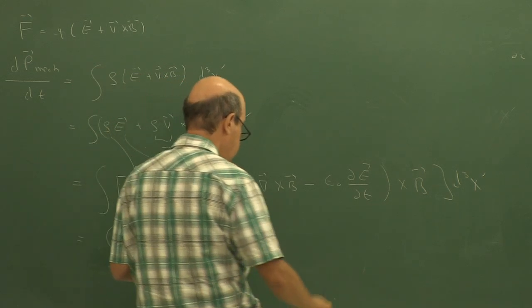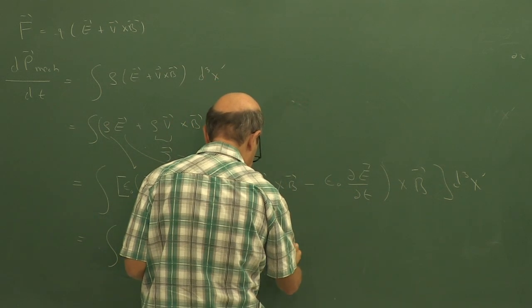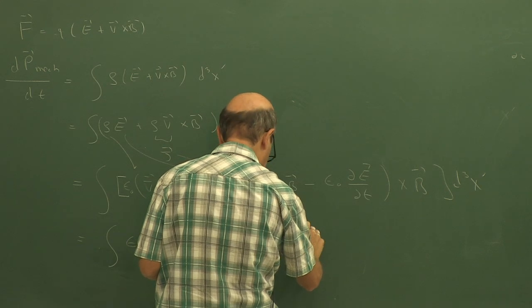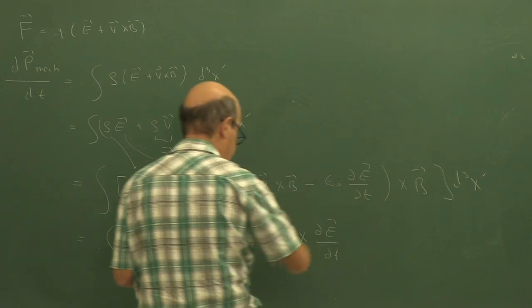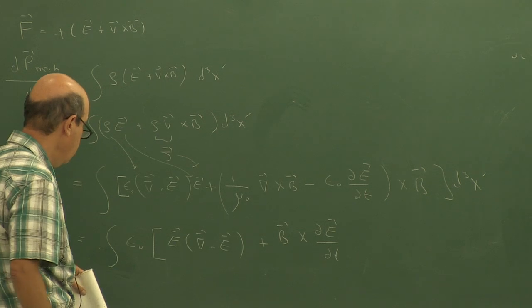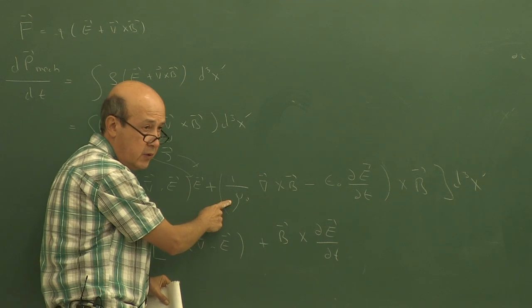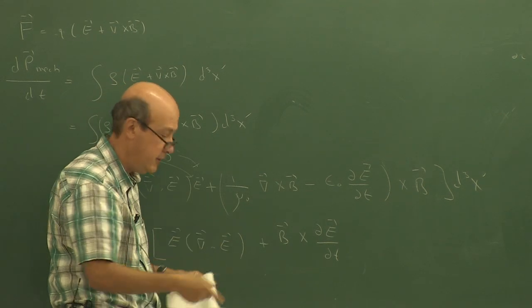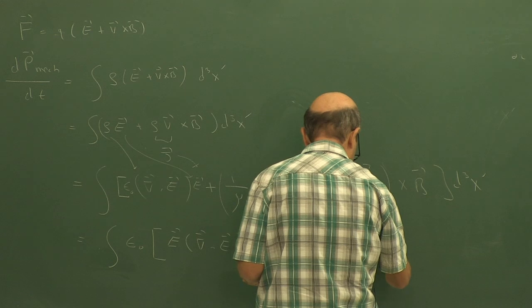Change the order of the cross product, and write B cross del E over del t. If you take the epsilon 0 parentheses, this will be 1 over epsilon 0 mu 0, that is c square. So you will have c square.